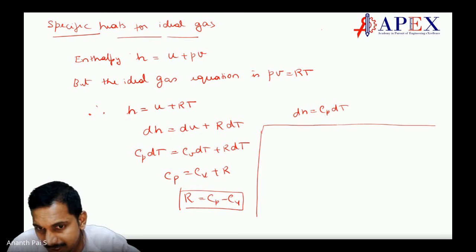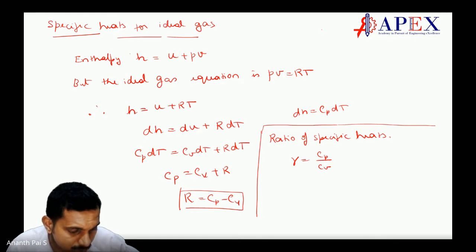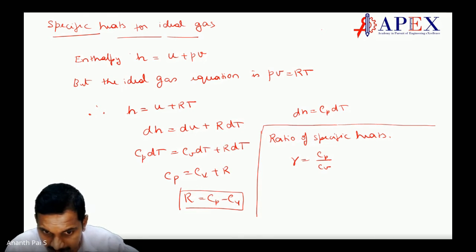What is gamma? Ratio of specific heats. What is the importance of that? I will tell you later on, students. If I consider the ratio of specific heats, Cp by Cv is called gamma, correct? Gamma is equal to Cp by Cv. Makes sense?